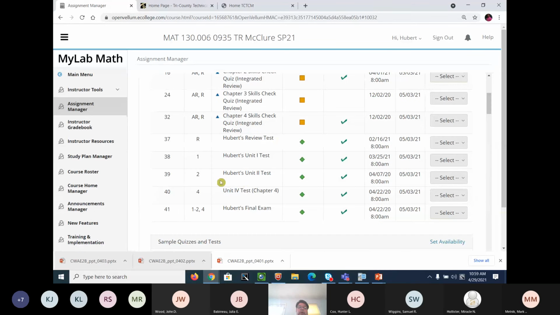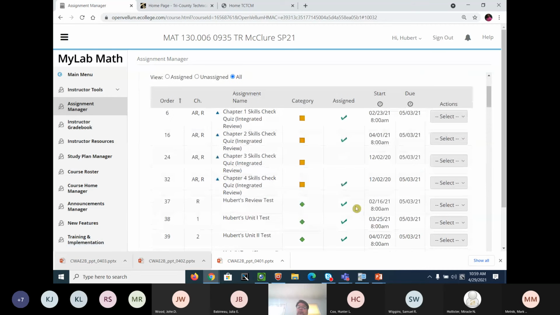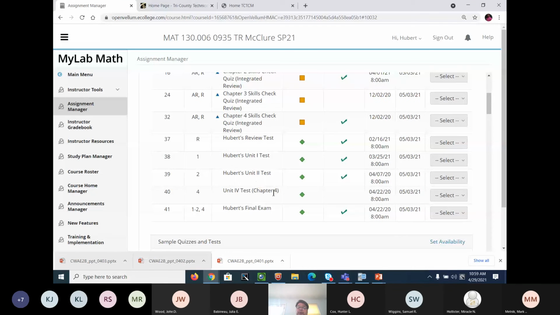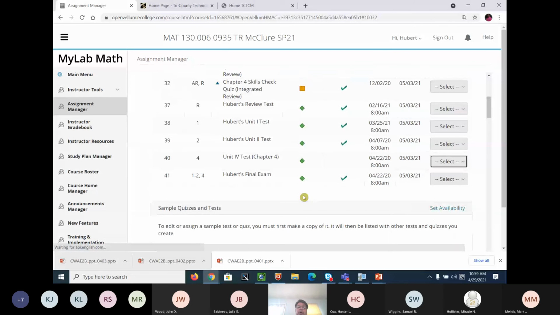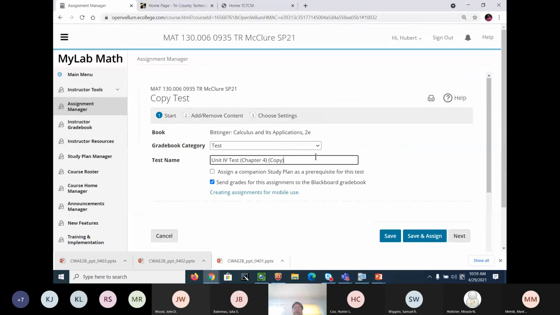I'm going to unassign this Unit 4 test, and I'm going to copy it. I'm doing this so y'all can see what I'm doing. And I'm going to call it revised. I'm going to put 4.1 and 4.3.